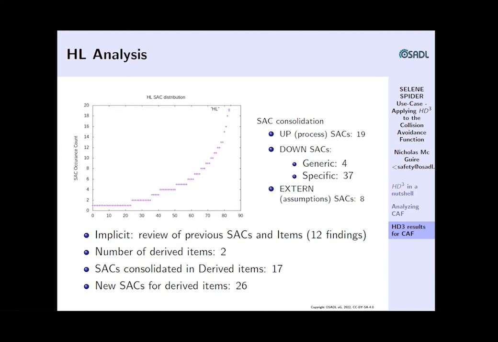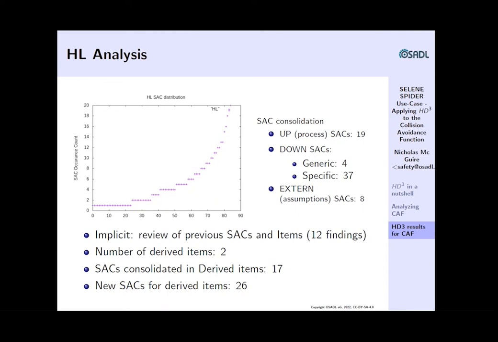Okay, an interesting side effect of this process was that during the review and reuse of SACs in different contexts, we actually had a number of internal findings, 12 findings where we had incomplete or erroneous specification in our previous analysis of items. The number of derived items was 2, so we had a total of 8 items then. The consolidation of the SACs that we could push into the derived items was only 17, actually a quite low count from our experience up to now.